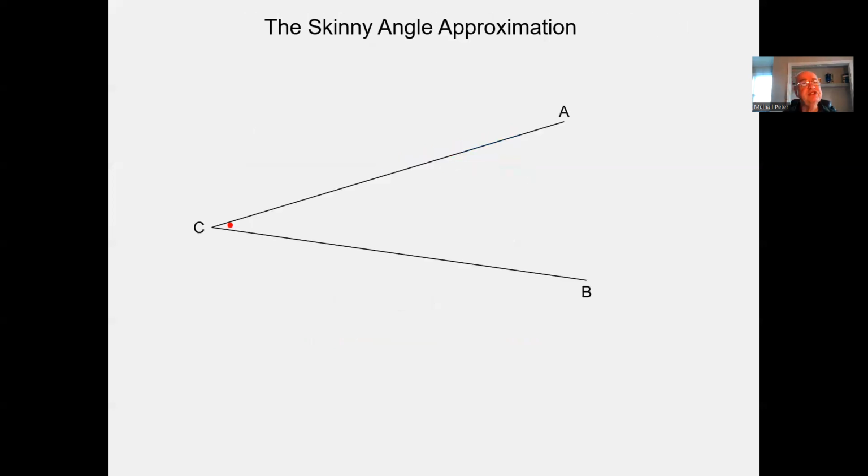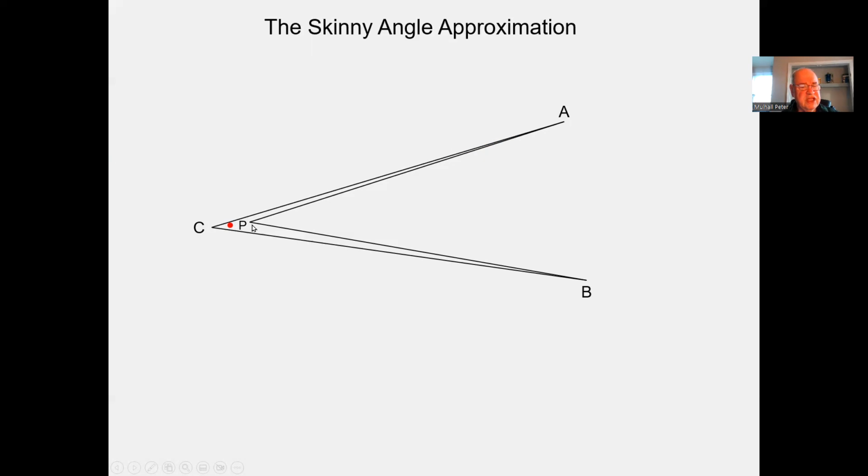And the last little piece of geometry that Aristarchus is going to use is what I'm calling the skinny angle approximation. Again, if you have a very, very thin angle, this angle here at C is very, very small. This picture is not to scale. And if you have an angle inside of it, in which the distance between the two vertexes is very short compared to the distance out from the vertexes to the end where they meet.